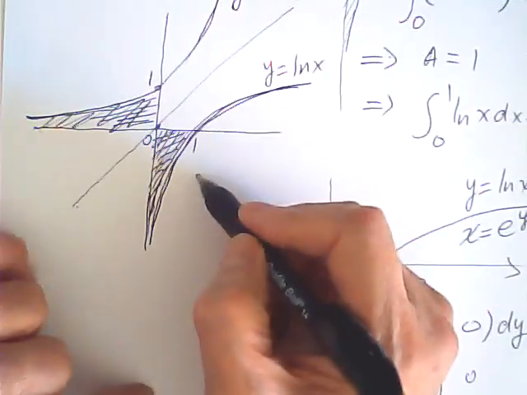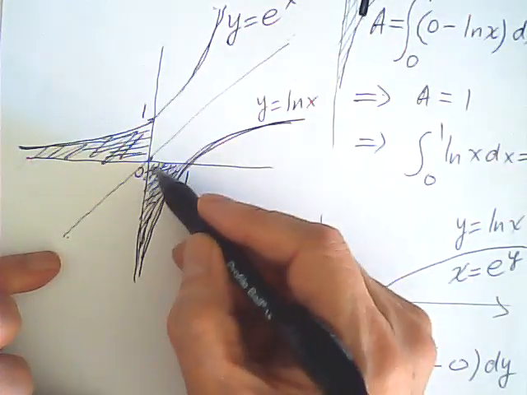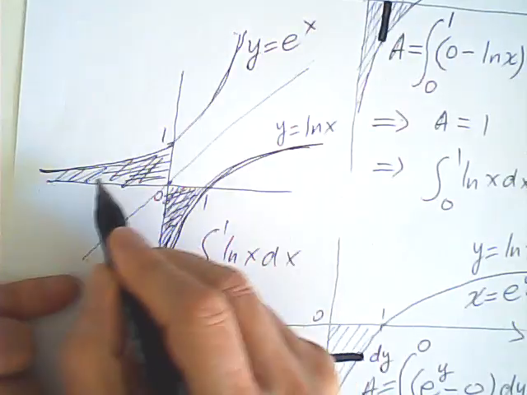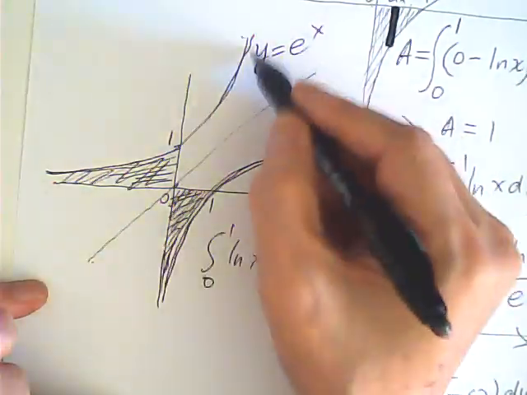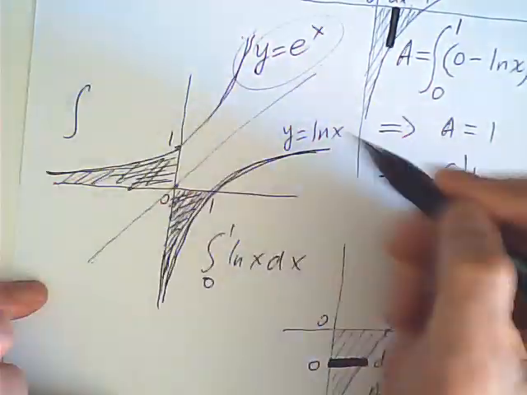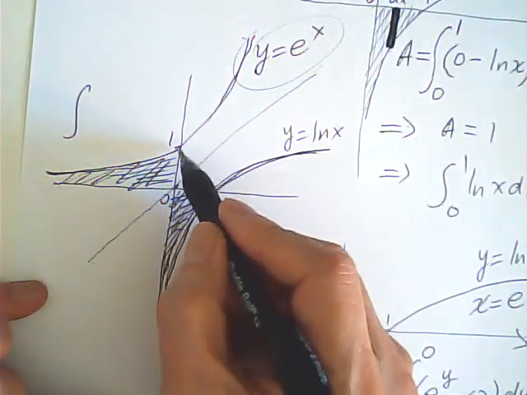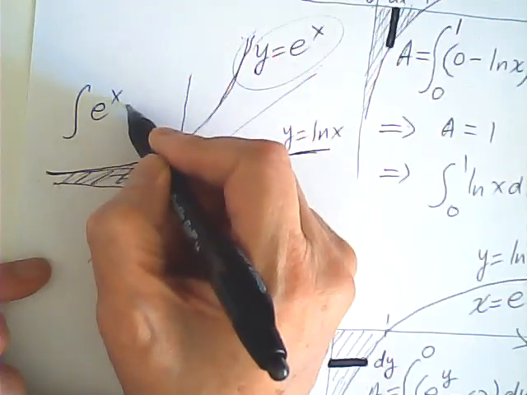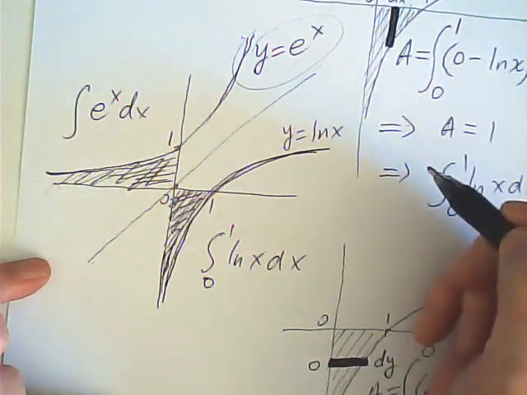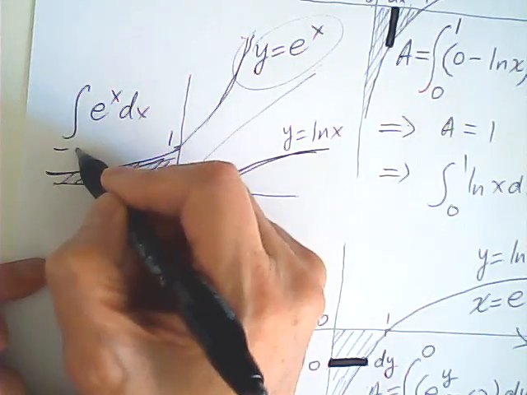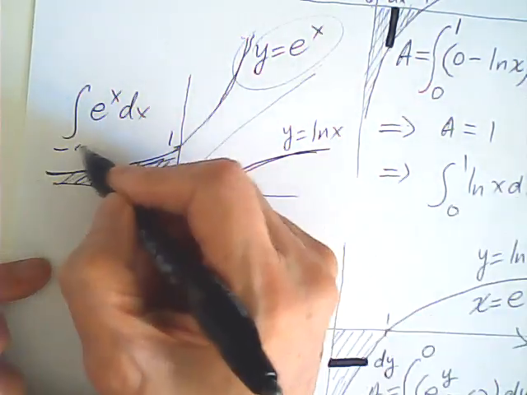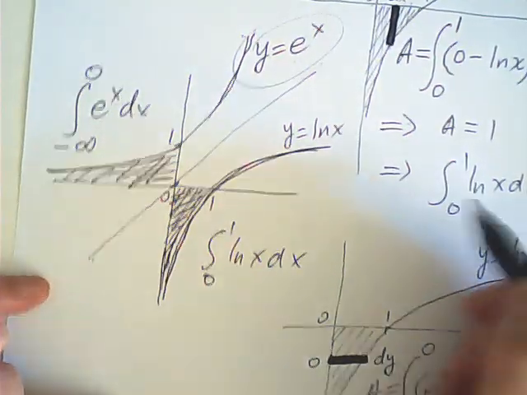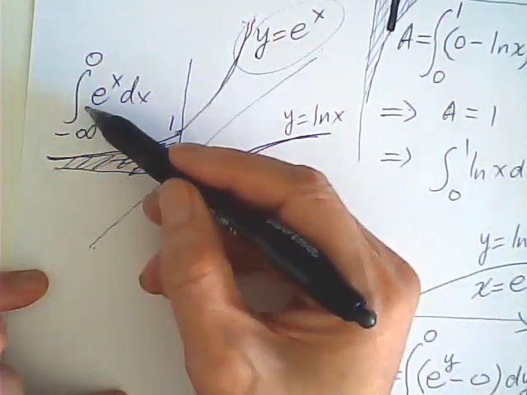Therefore, instead of doing this integral for this area, we can do that area by that function, right? For this area under this curve, this is e to the x dx, x from minus infinity to 0. So instead of calculating this one, we are calculating that one.